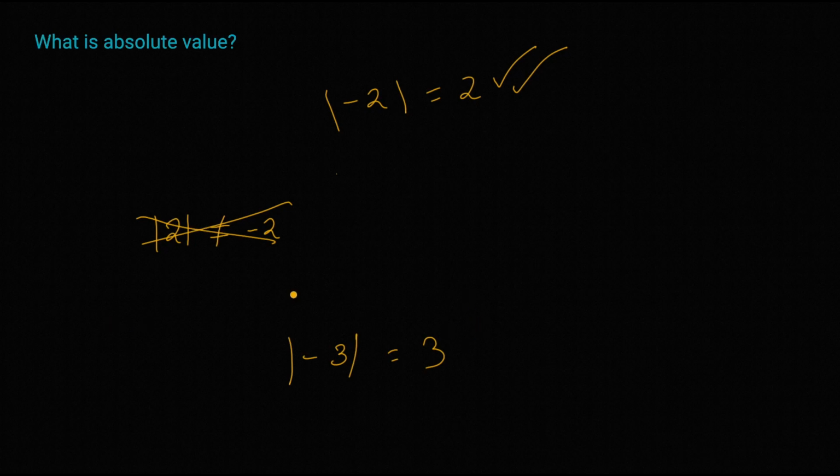Since we know how to do absolute values, now let's see how to find the sum of this expression. Let's represent negative 5 plus negative 27 on a number line.